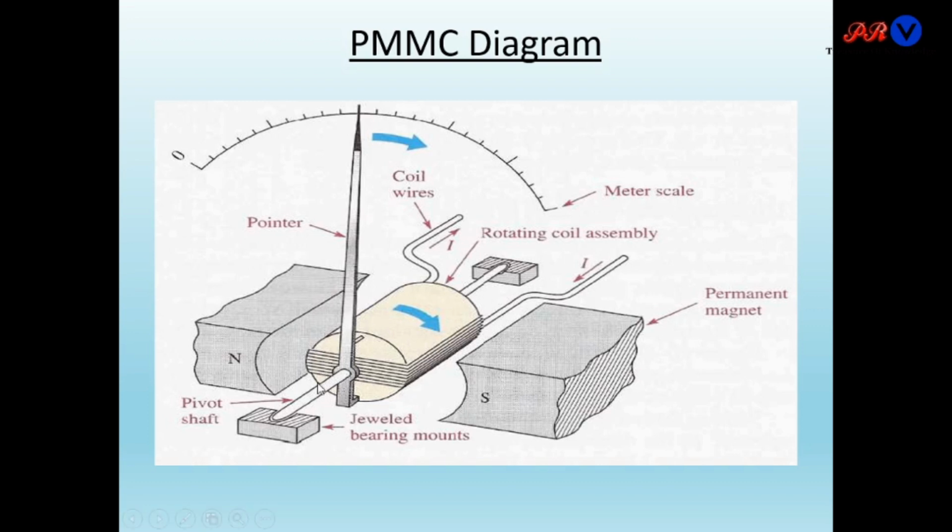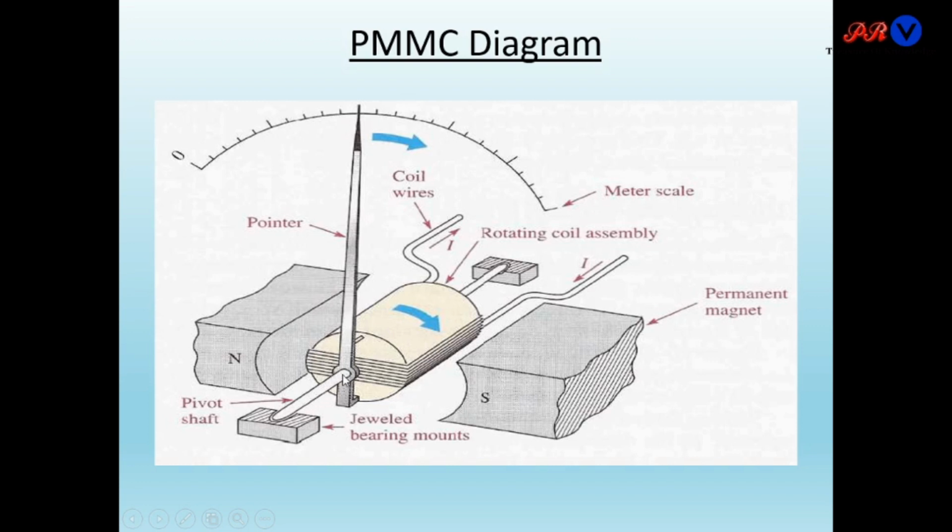This is also known as the rotating coil assembly. The current will be passed through this coil. Here we have n number of turns of the coil, and an pointer is attached which moves on the scale.